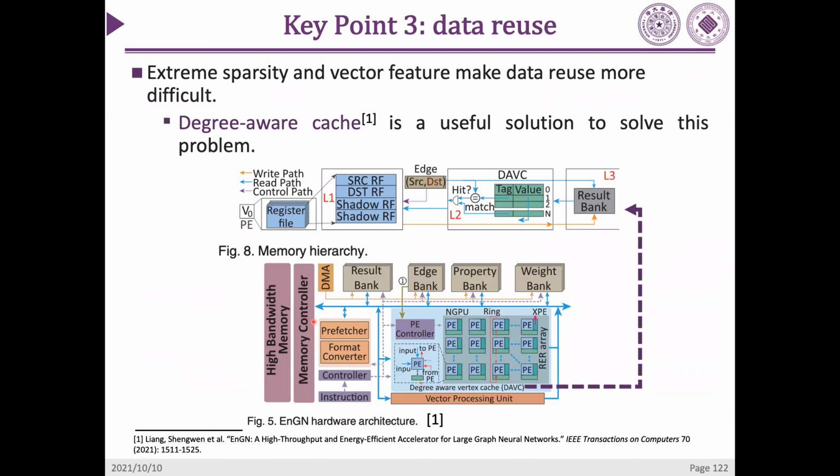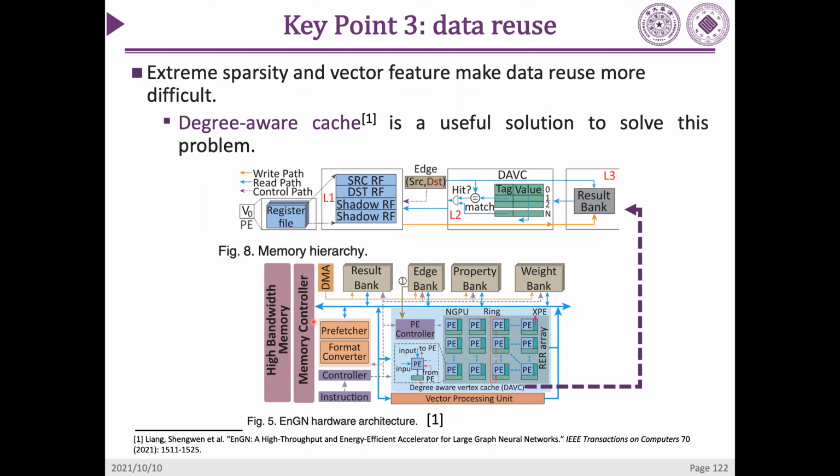So there are also some technologies proposed for the data reuse problem, such as the degree-aware cache, which is a very useful solution. The main idea is that due to the power law of graphs, the number of times an input feature can be reused varies greatly. Therefore, when caching, we should try to cache features with large degree and replace vertices with small degree.